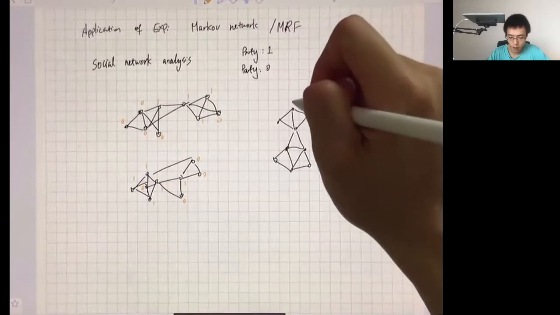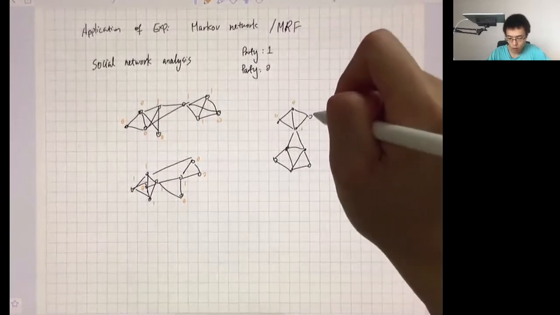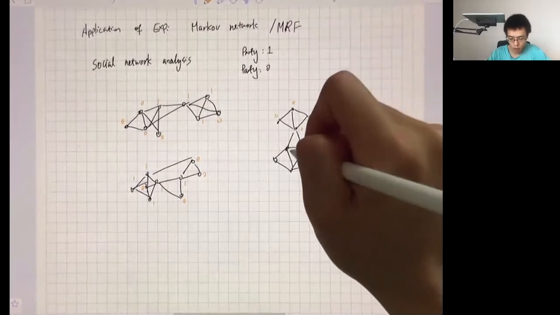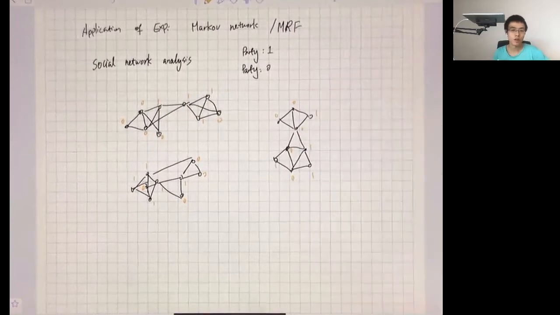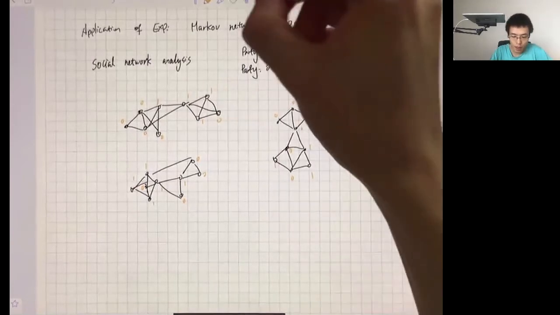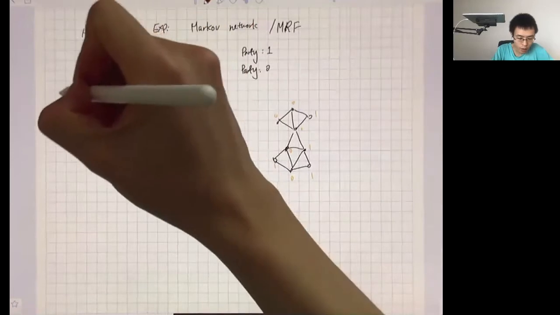And this is 0, 0, 0, or maybe 1, 1, 0, 0, 1, 0. Something like this. Each node is labeled by its target, which must be 1 or 0, meaning that the person either supports one party or the other party. So the training data looks like this.